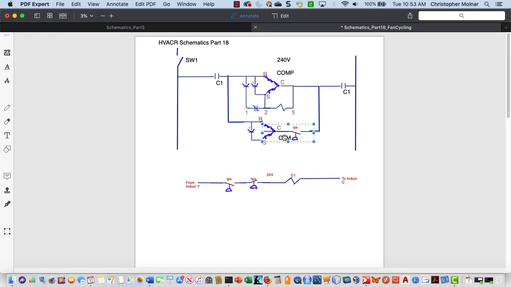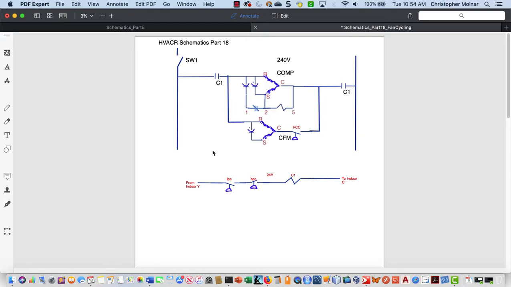I'll have to shorten a line, do a little minor adjustment there, and I'm just going to change the label. We're just going to call it FSC for fan cycling control.